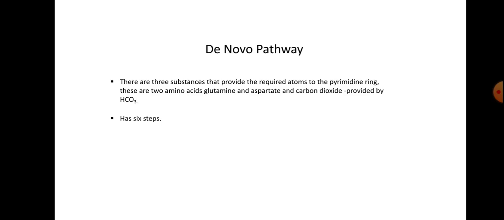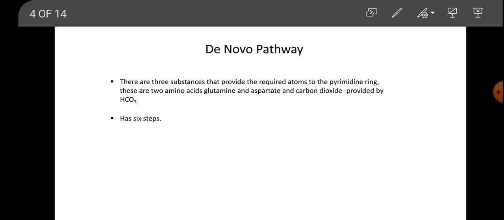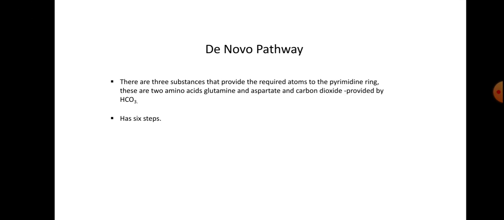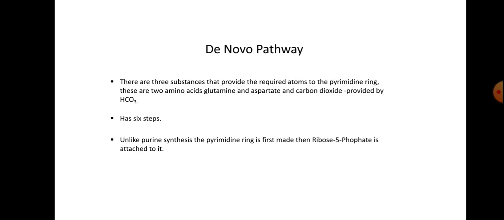Now, another difference in the pathway is that the pyrimidine ring will first be made and then it will be attached to the ribose 5-phosphate. However, in the purine de novo pathway, the structure of the ring is made around the ribose 5-phosphate.